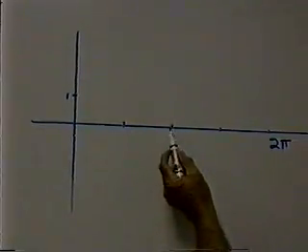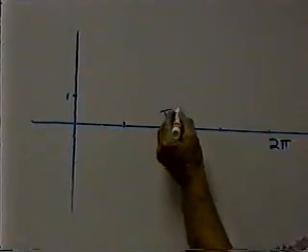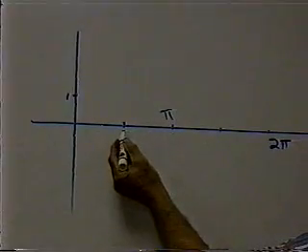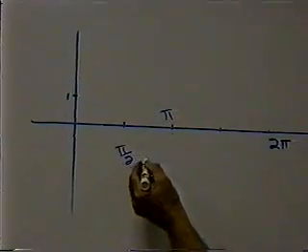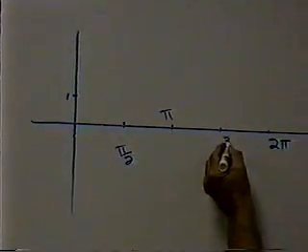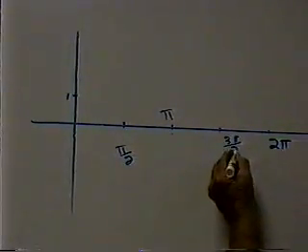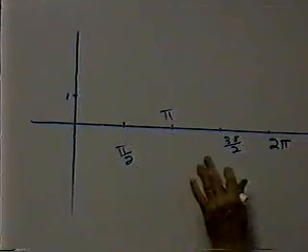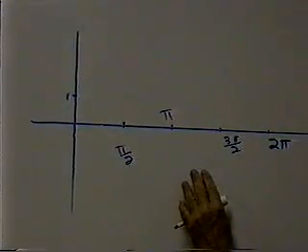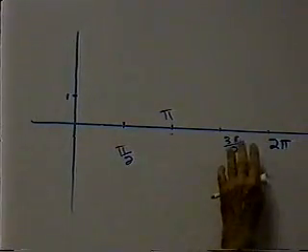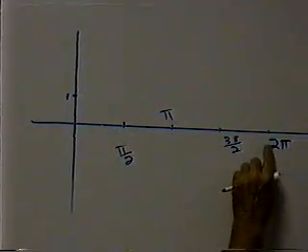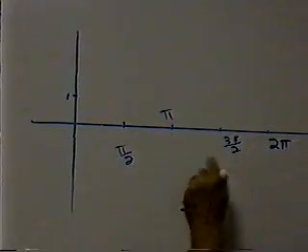3.14 would be here, or pi. 1.57 would be here, or pi over 2. And then 3 pi over 2. So that's what I'm saying to you. If you're going to graph these functions, then you have to get graph paper and measure exactly 6.28 out here for the 4th mark.